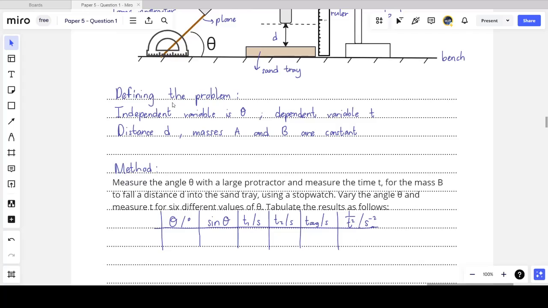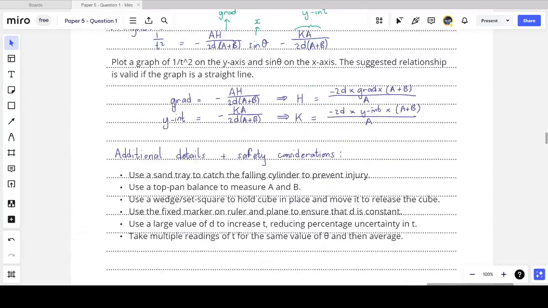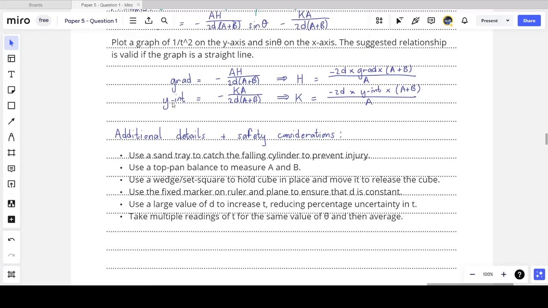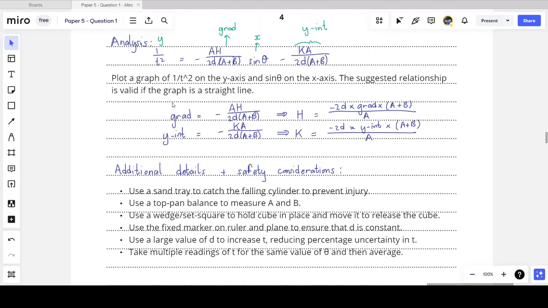So there are small things that we can say that will include marks for additional details, but there's a limit to the number of marks that you can score for additional details and safety considerations. But altogether, this question is worth 15 marks, and you can see that there are more than 15 marks available. So if you use your techniques, your lab techniques and methods that serve you well, then you should be able to come up with something that will score you many of these marks that are awarded.